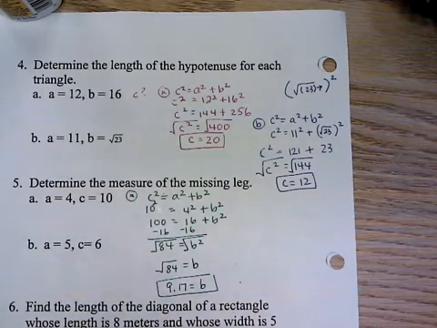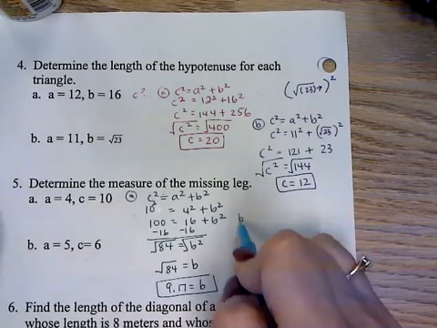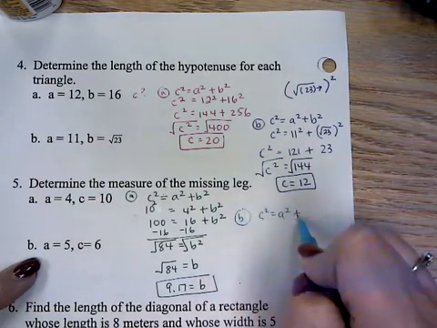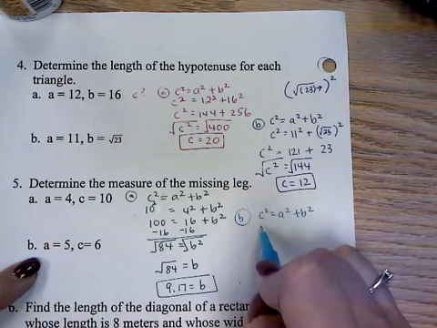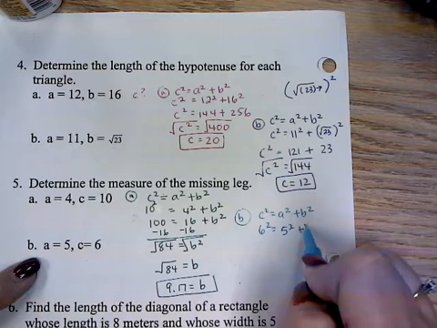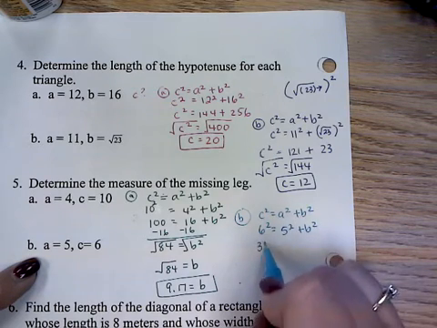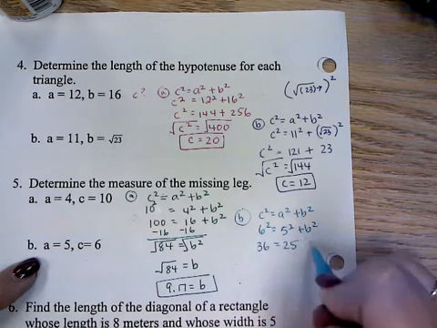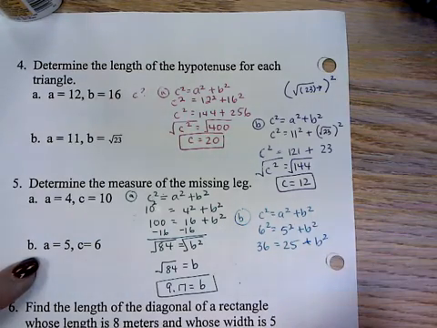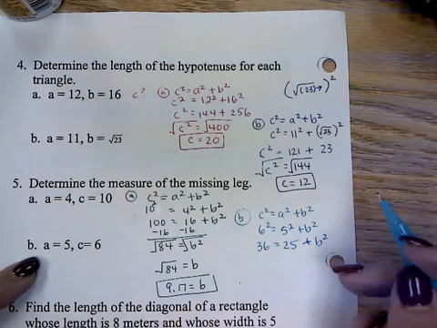Okay, and go ahead and do B. I should see every step on your paper. I should not see any shortcuts. You put shortcuts, I take points off.